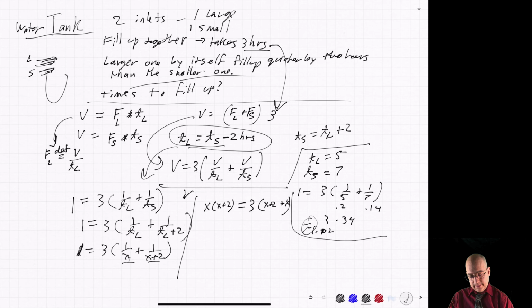Alrighty. And so x times x plus 2 equals 3 times 2x plus 2. Alrighty. x squared plus 2x equals 6x plus 6. Subtract here, x squared minus 6x from that, minus 4x equals 6.